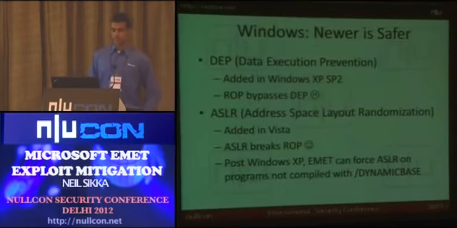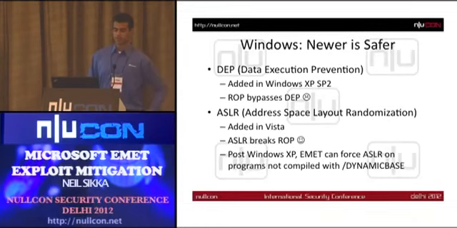Okay, so as I've been saying throughout the presentation, newer Windows is safer. So for a progression that you can see of security mitigations that we've added to newer versions of Windows, we have DEP, which was introduced in Windows XP Service Pack 2. And attackers used ROP to get around DEP. And that's a sad face, because that's bad. And then ASLR was introduced to break ROP, and that was added in Vista, and that's a happy face, because that's good.